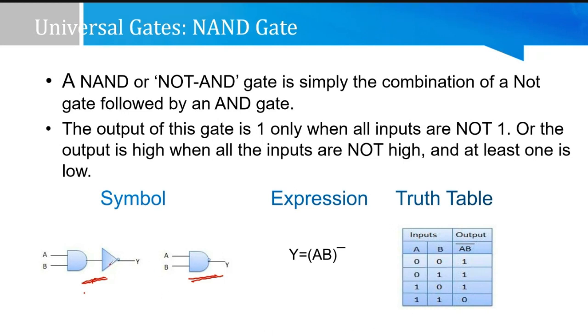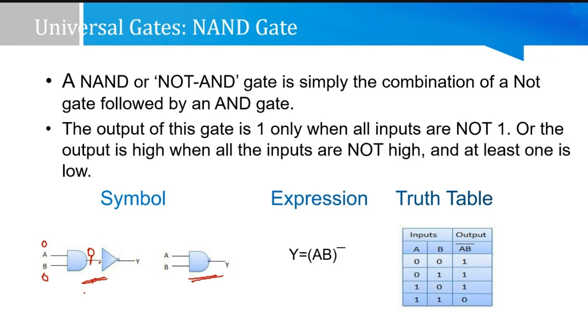Here you can see what the output is when both the inputs are at a low. What is the output when both the inputs are at a low? 0. So here the output of the AND gate is 0.